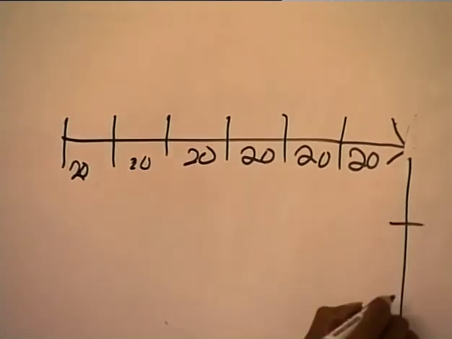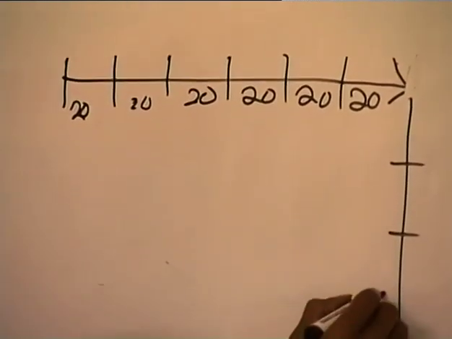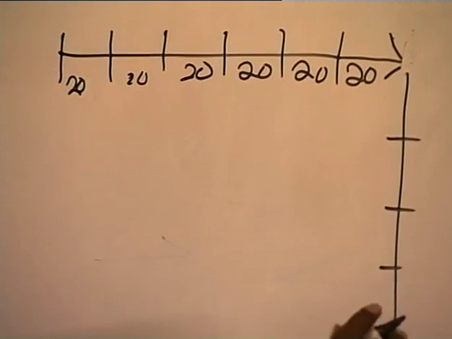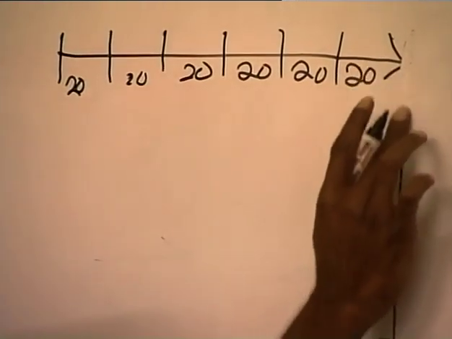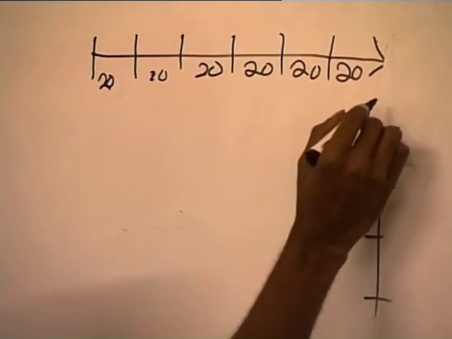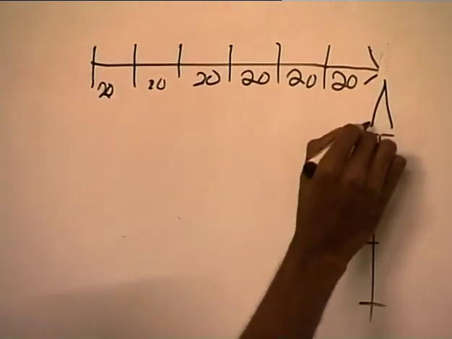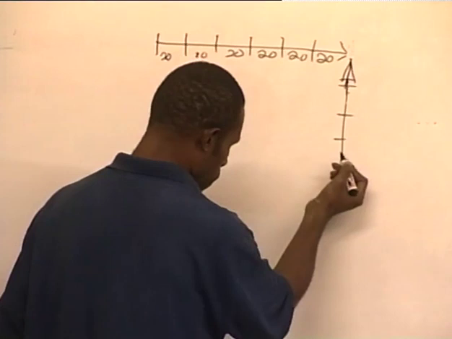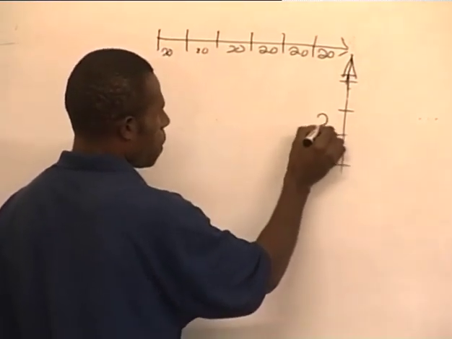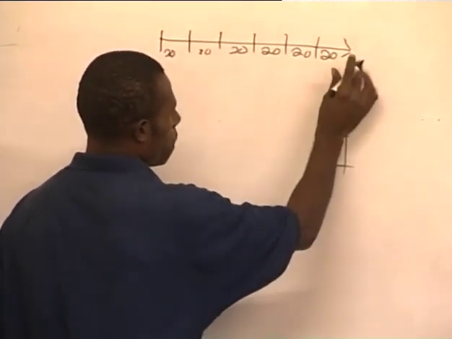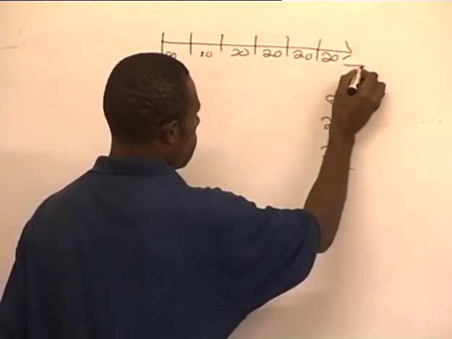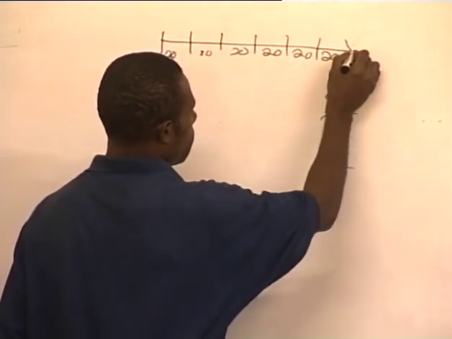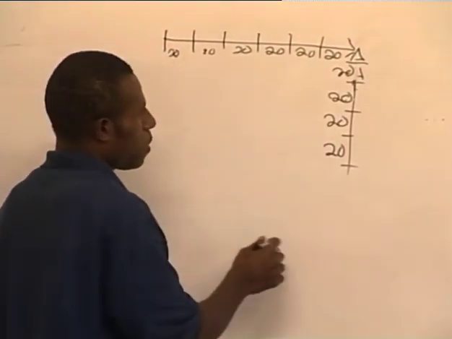It is about 20, 20, 20, then you have another 20 plus 10.